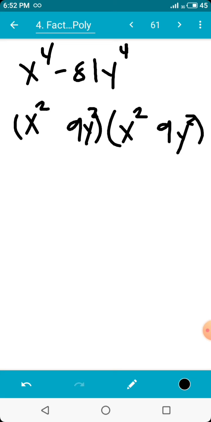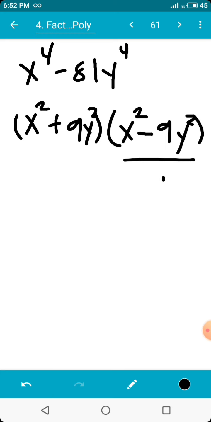And then, of course, yung operation nila is isang addition and isang minus. Now, kung mapapansin nyo, meron pa tayo ditong difference ng 2 squares. Kasi yung x squared tsaka 9y squared, they are perfect squares. So, pwede pa natin ma-factor out yan.